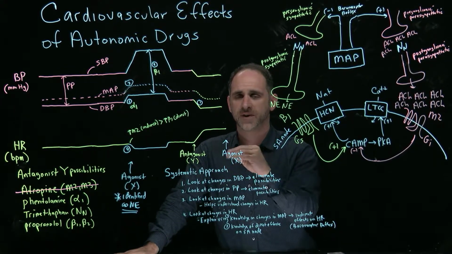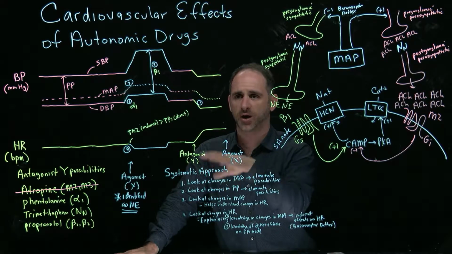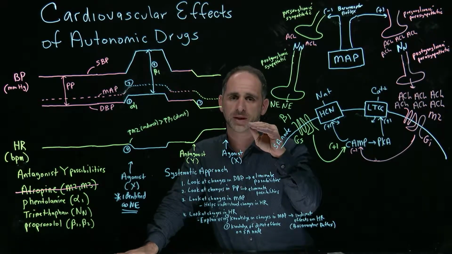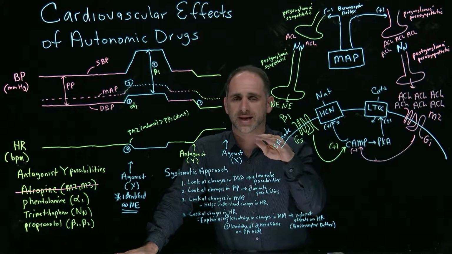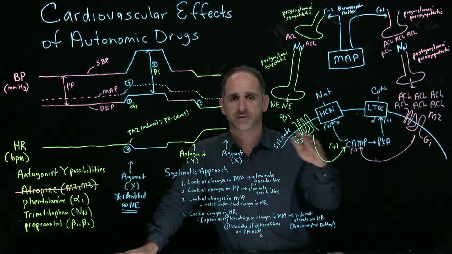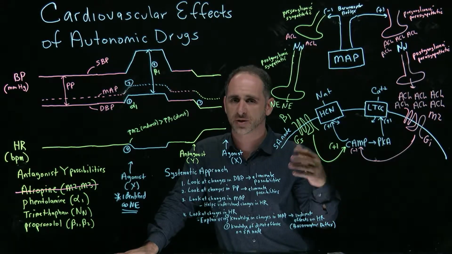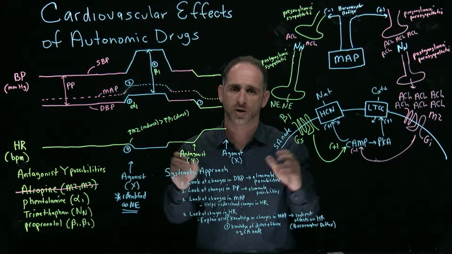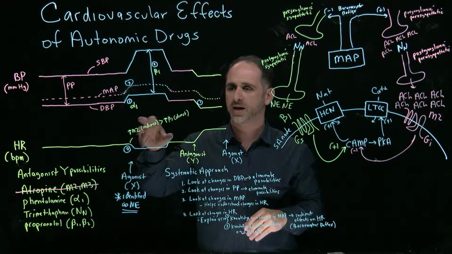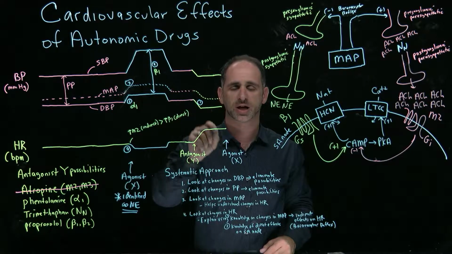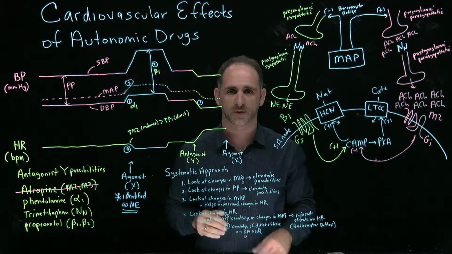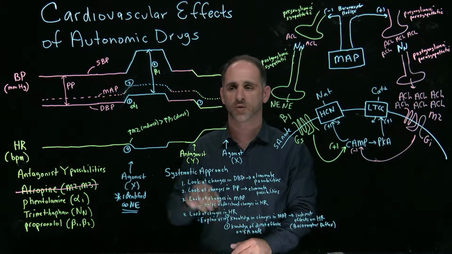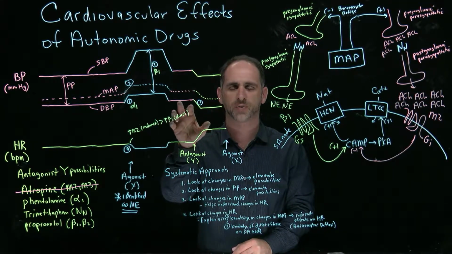And the effects of the beta blockers for our purposes either are going to be not much of a change or possibly even a slight decrease because of the effects on heart rate that we had discussed earlier. The bottom line, though, is that we would not expect to see a substantial change in the diastolic blood pressure, and it would be negligible for our purposes. And so we can eliminate propranolol here for that reason.